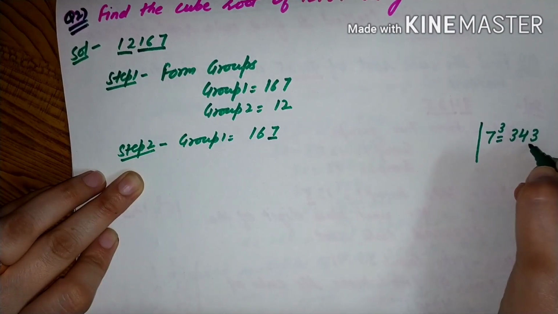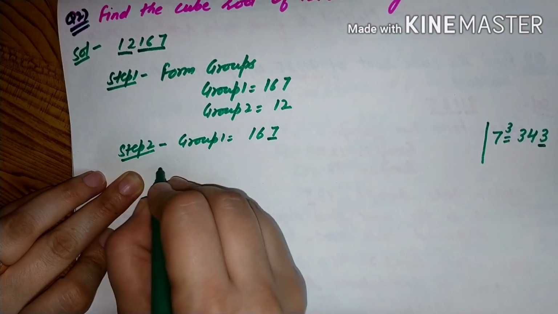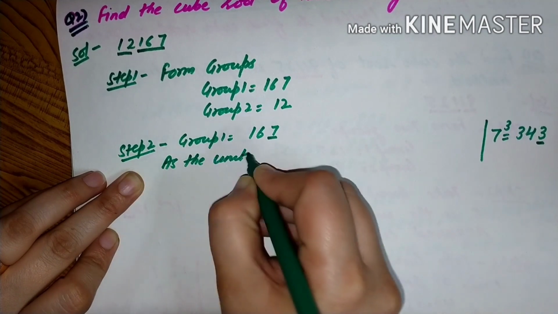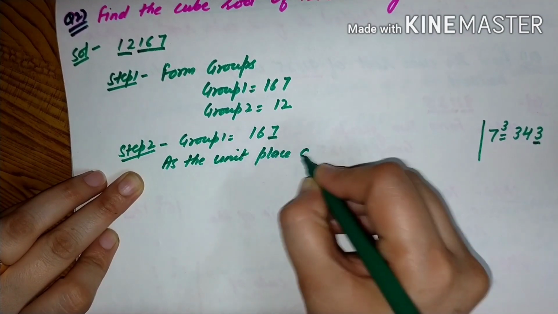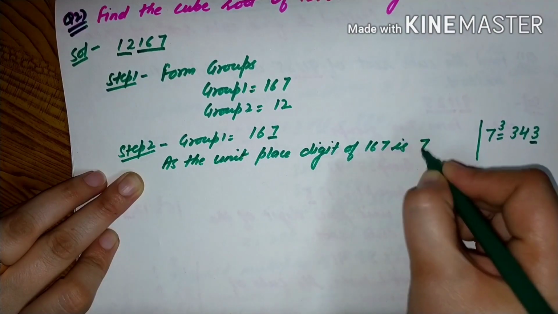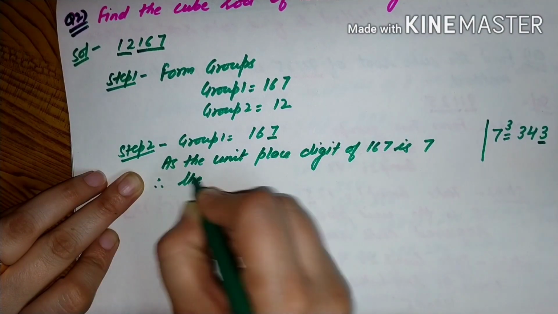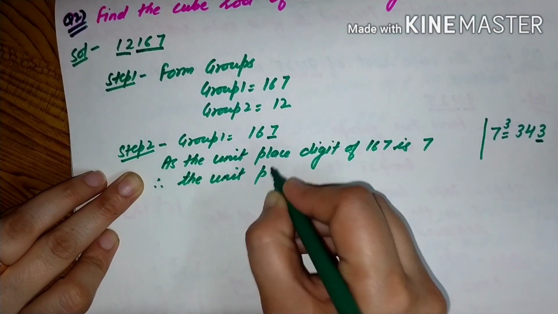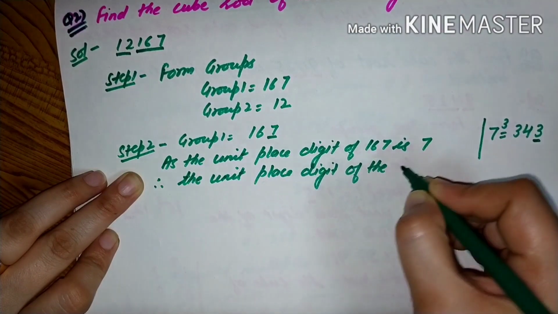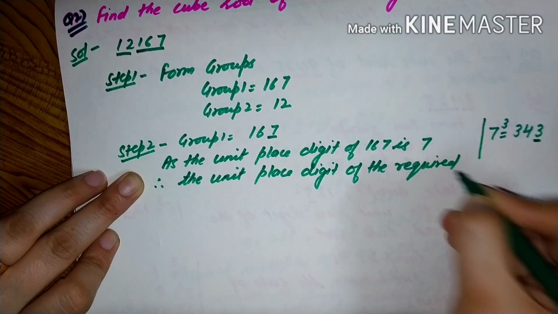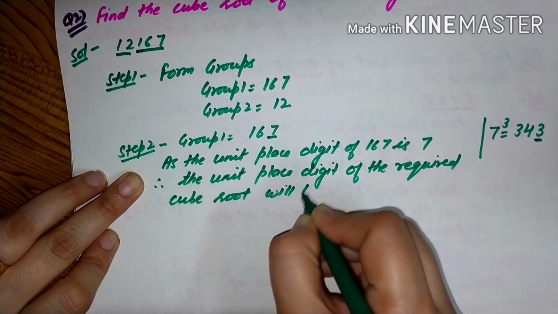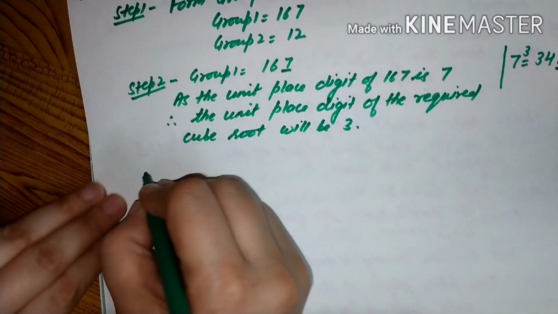So that means 3 will be the unit place digit of the required cube root, as the unit place digit of 167 is 7. Therefore the unit place digit of the required cube root will be 3.